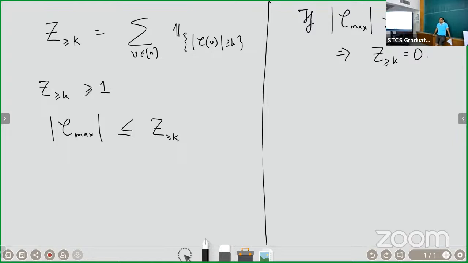Because only after crossing that value, Z greater than or equal to k would be equal to Z. Otherwise, it will be containing C max number of vertices. Because of that, we can conclude that Z greater than or equal to k is equal to 0.